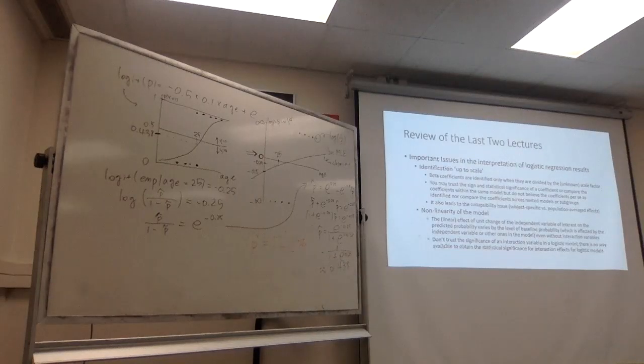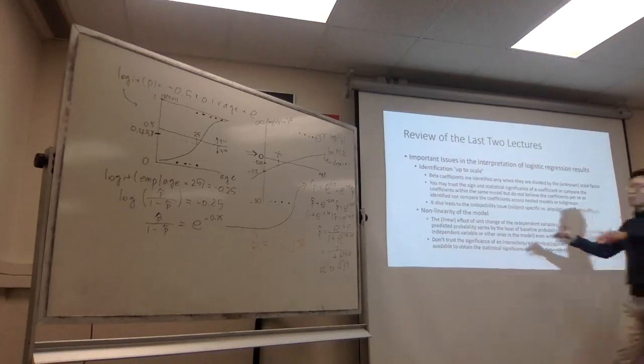Okay. I should focus on the interpretations, but I can explain them in more detail if time allows. Basically, in the logistic regression model, the slopes are identified up to scale, as I mentioned earlier.